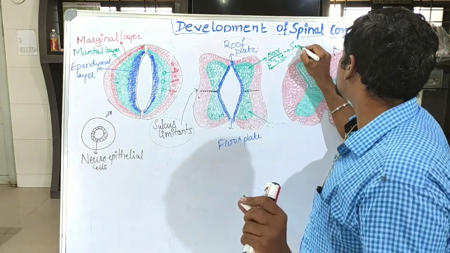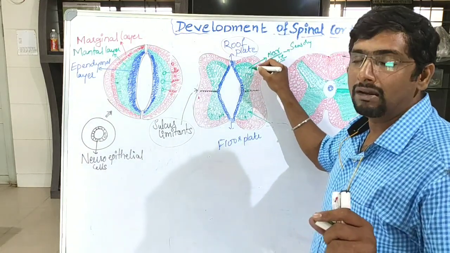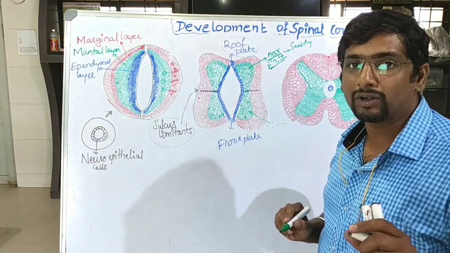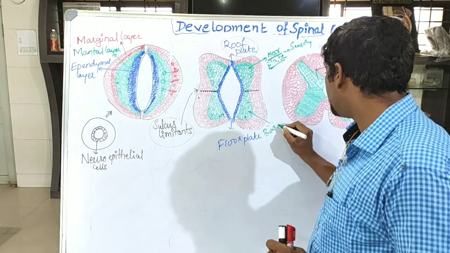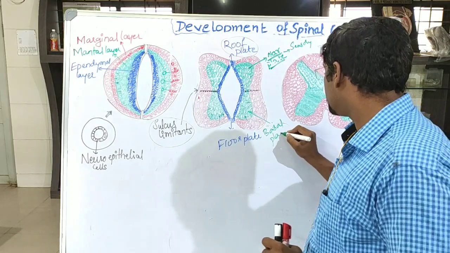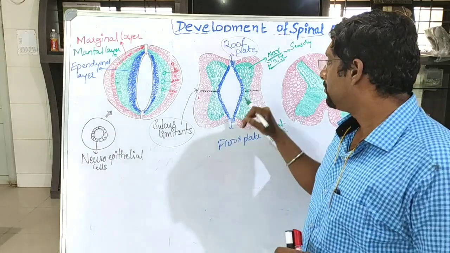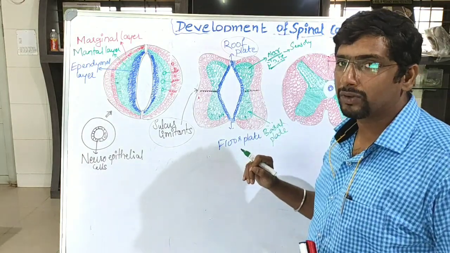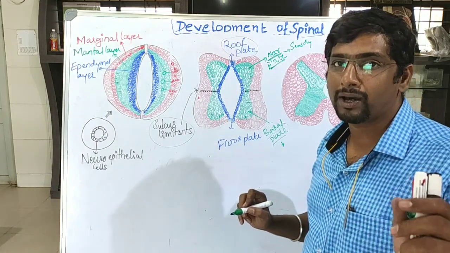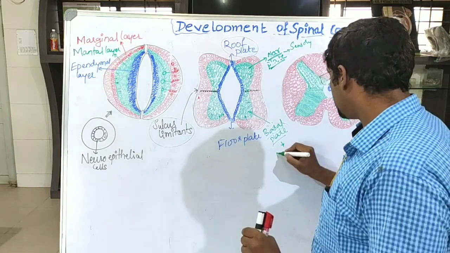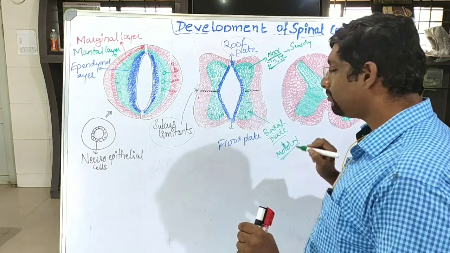The neurons in this alar plate form the sensory part, and this is the basal plate. The basal plate, the ventrolateral elevation of the mantle layer, is going to have the motor neurons.